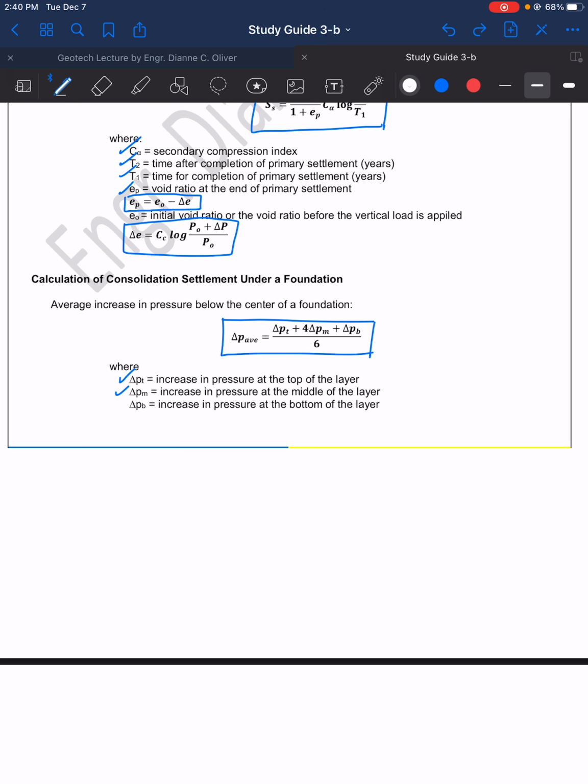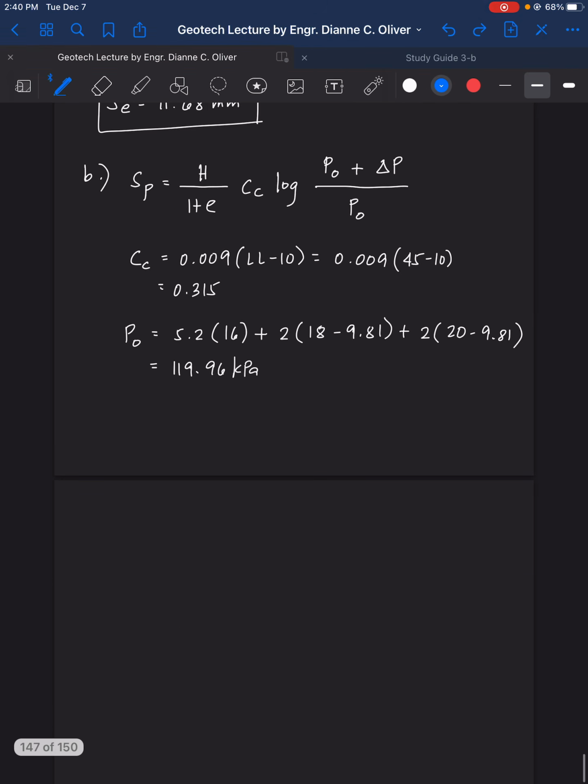The delta P average is equal to delta P at the top, the pressure increase at the top of the layer, the layer being the clay layer, plus 4 times delta P sub M, the increase in pressure at the middle of the layer, plus delta P sub B, the increase in pressure at the bottom of the clay layer, all divided by 6. Okay, let's apply that for delta P.